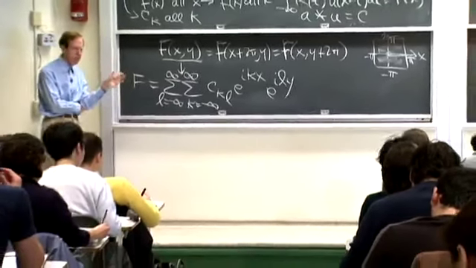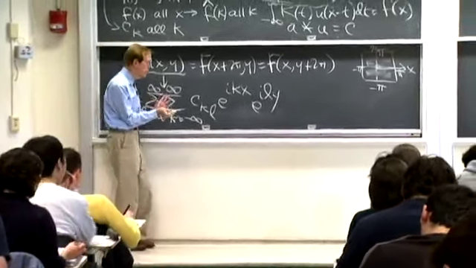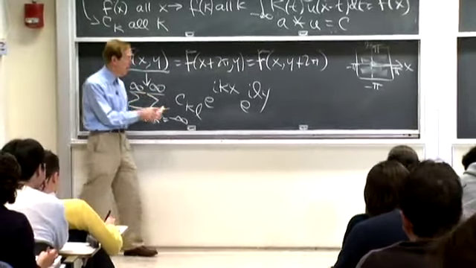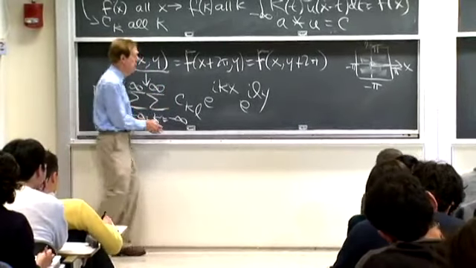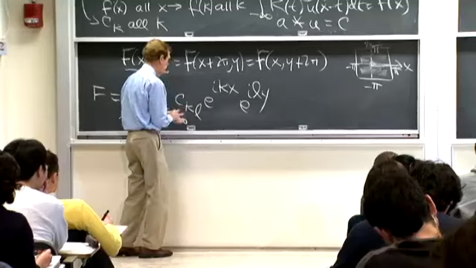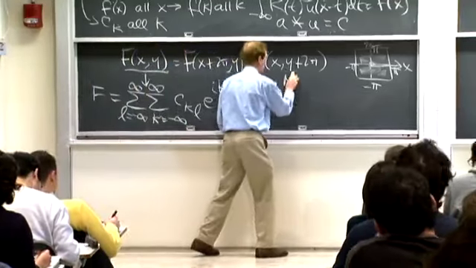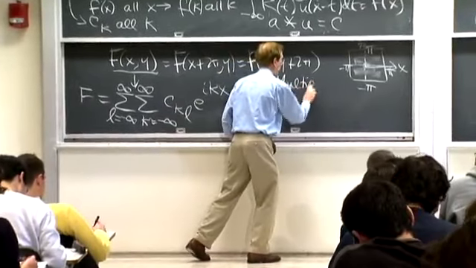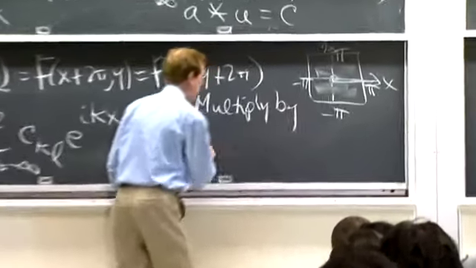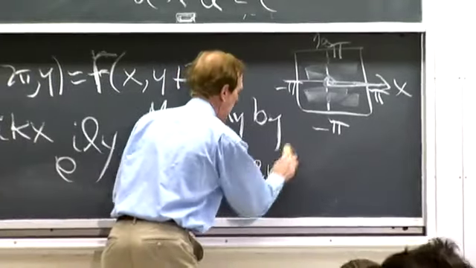Well, these guys are orthogonal. That's what's making everything work. They're orthogonal and very special. So I use orthogonality. I multiply by, just tell me what to multiply by, by this and integrate.